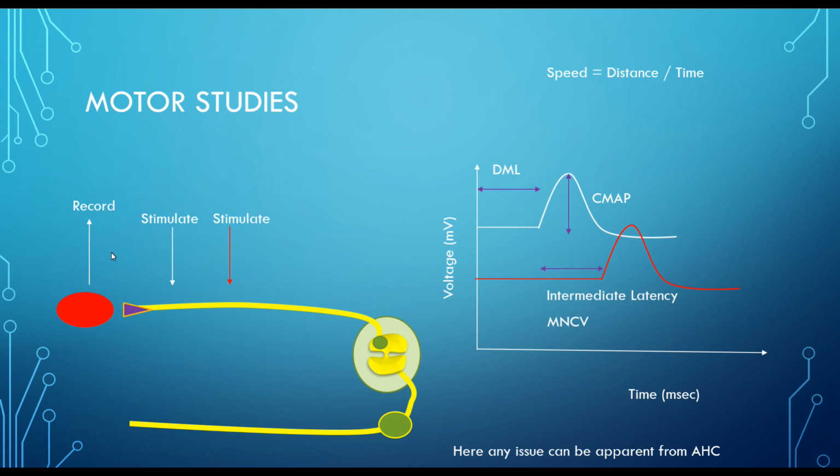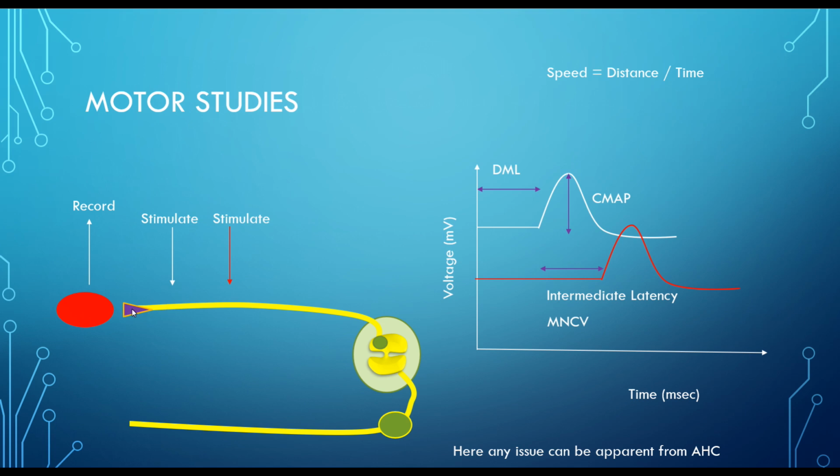It's just a couple of milliseconds. Neuromuscular junction transmission is about 1 millisecond, so there could be a fair bit of error and guesswork in trying to work out what the exact conduction velocity might be at the distal point. So what we do is we just record the distal motor latency rather than trying to calculate a distal conduction velocity.